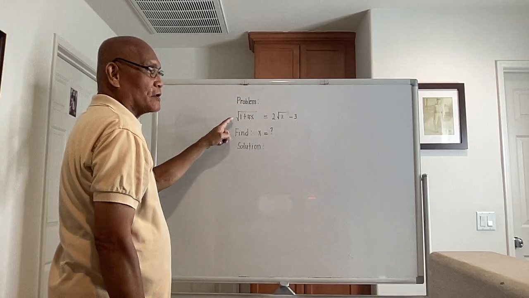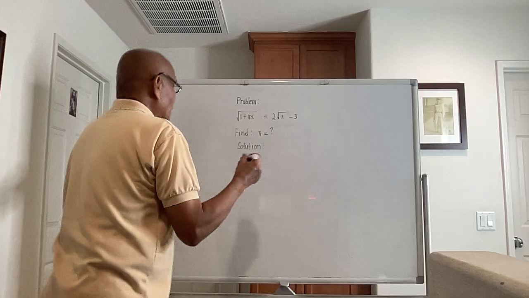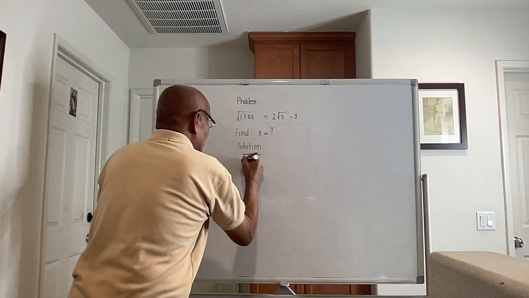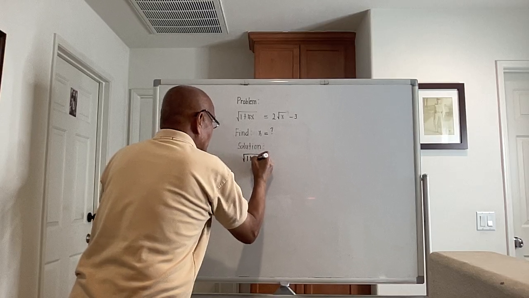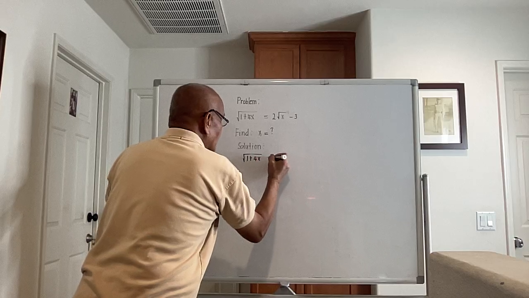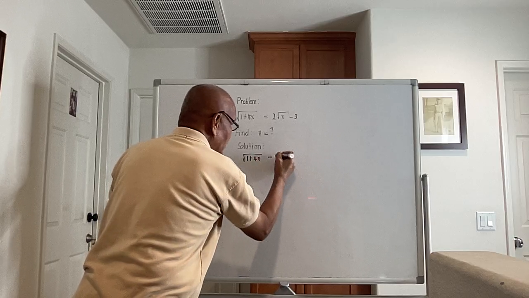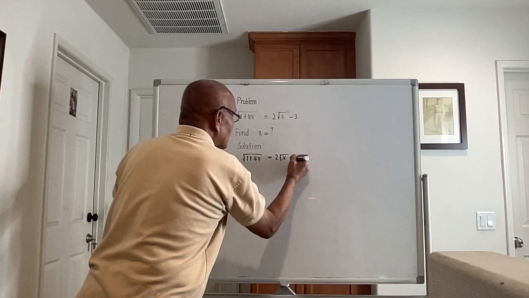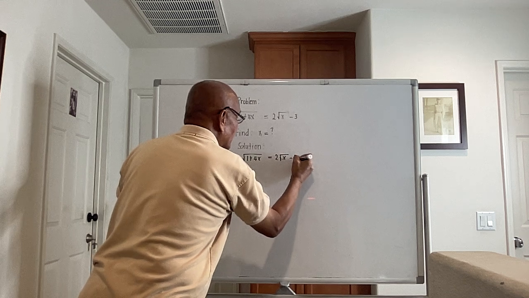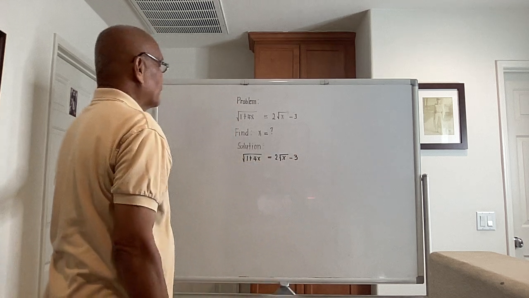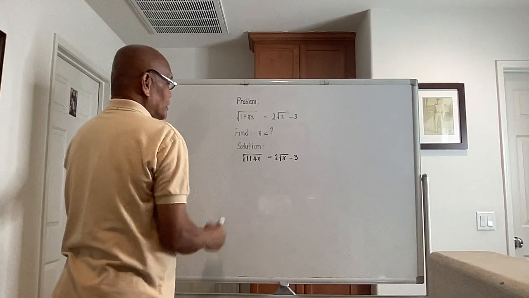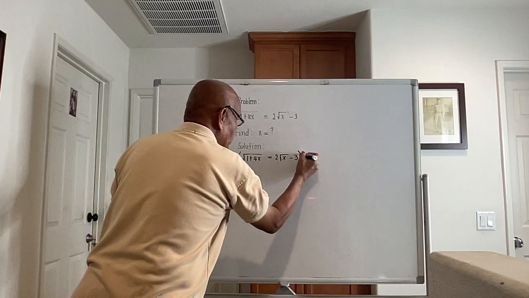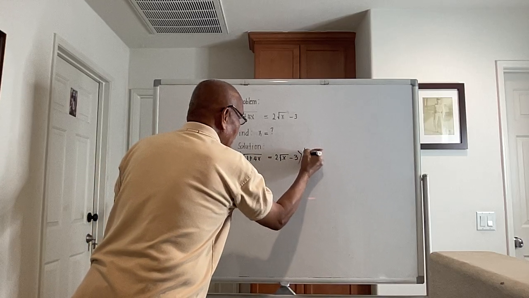And to eliminate this radical sign, we will rewrite the left hand side 1 plus 4x, and this should be equal to, again, I'll still rewrite the right hand side 2 the square root of x minus 3. Okay, so to eliminate this radical sign, we must raise both sides of the equation to the 1/2.